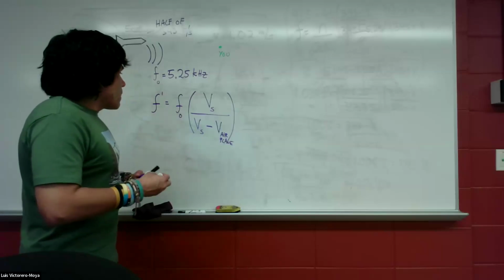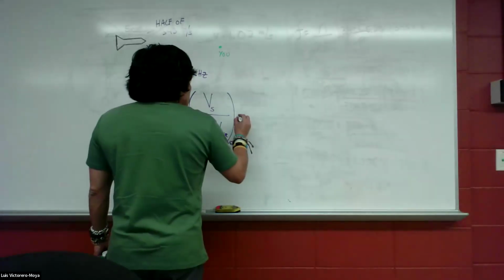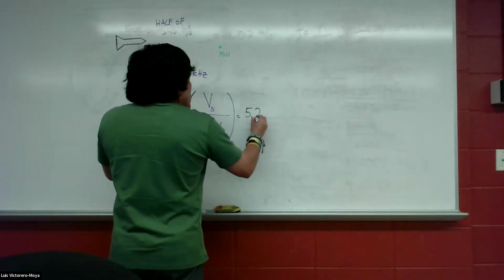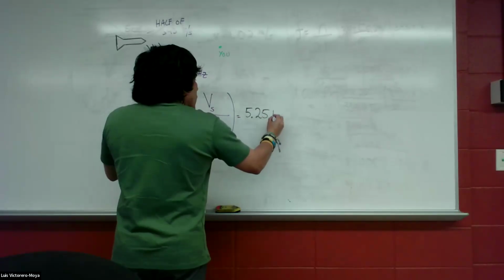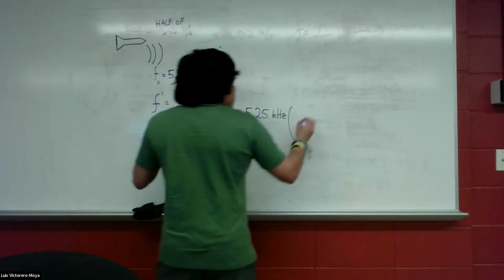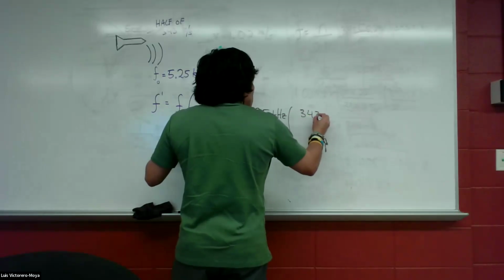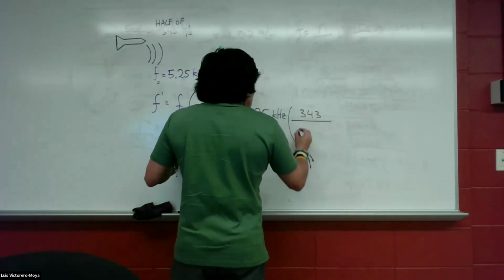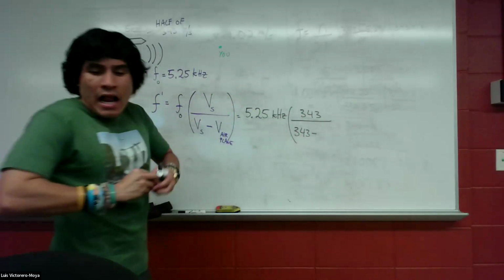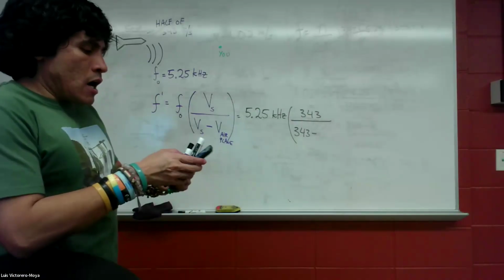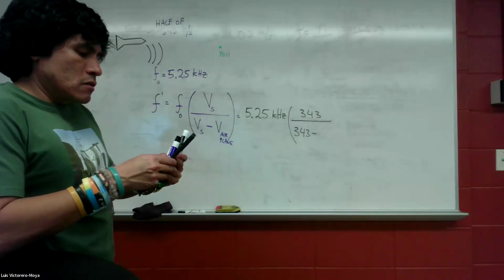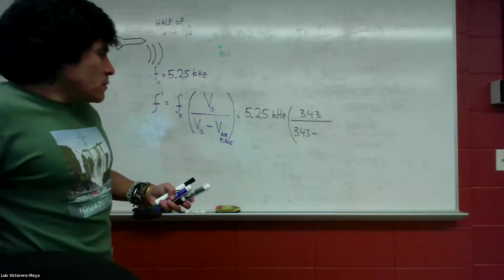So f0 is 5.25 kilohertz multiplied by 343 over 343 minus half of the airplane speed, which is 171.5, of course.